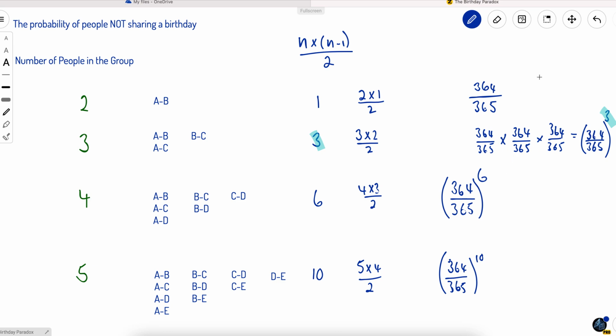So if we take, say, 6 people, for example, and I use my calculator, 364 divided by 365, raise that to the power of 6, that gives me 0.98 or 98%. So that's a high probability of not sharing a birthday.